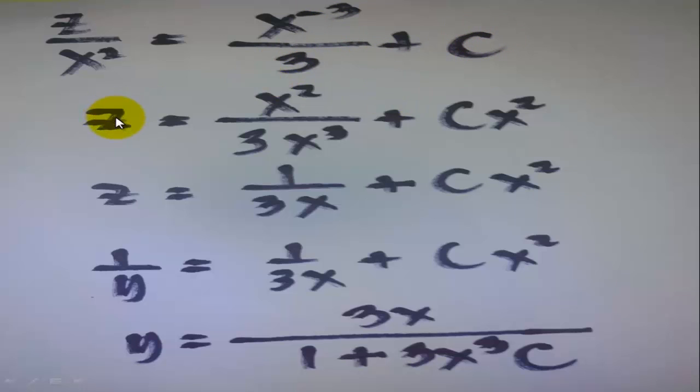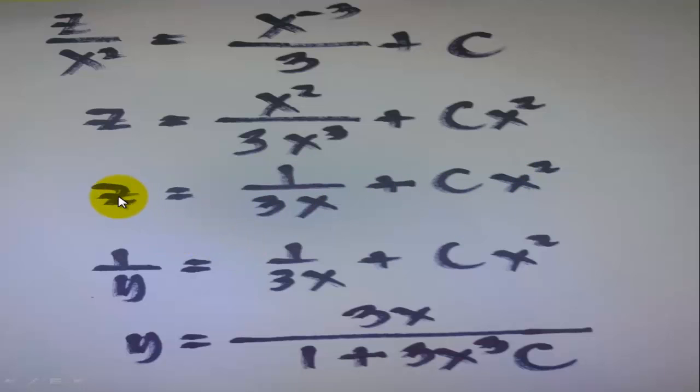Now you have z, cross multiplying, z = x squared over (3x cubed + c x squared), which gives you the result z = 1 over, you can cancel out this x squared and the x, 1 over (3x + c x squared).